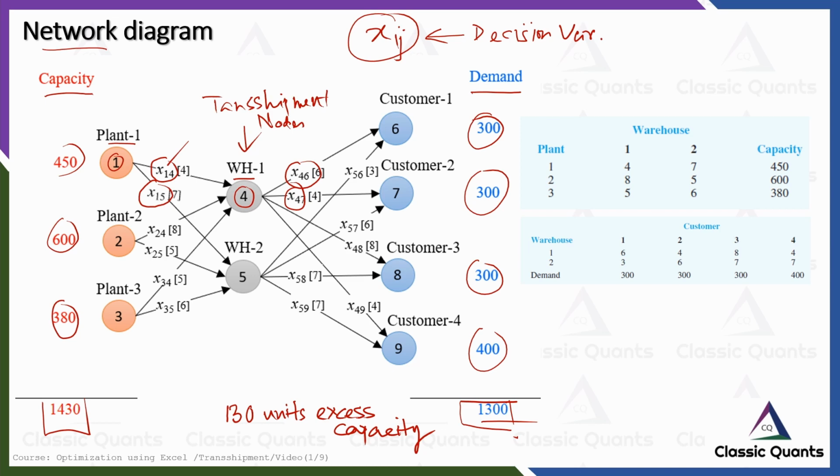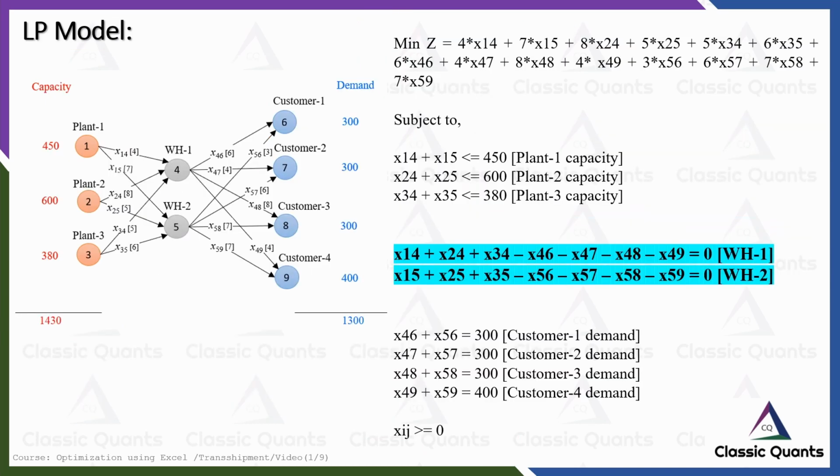Okay, so now we will try to write the linear programming in standard form itself. So this is the LP model. The objective is, of course, this is the objective. What is the objective? Objective is nothing but the total cost of shipment.